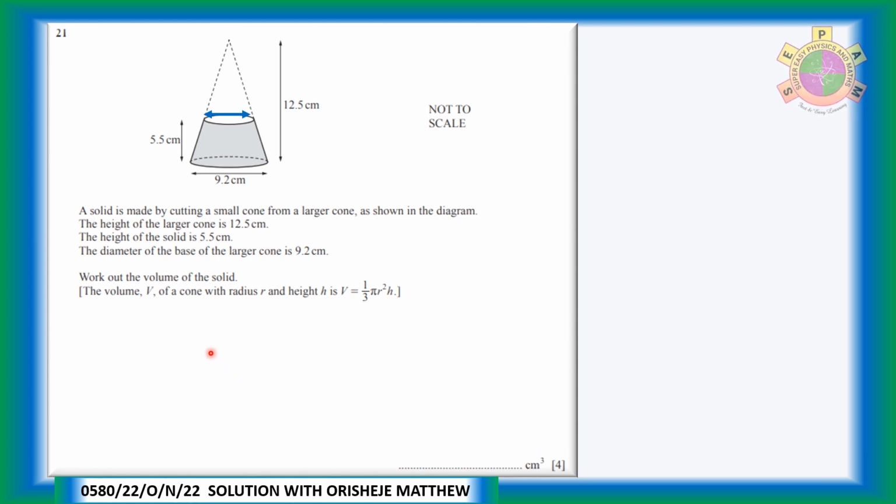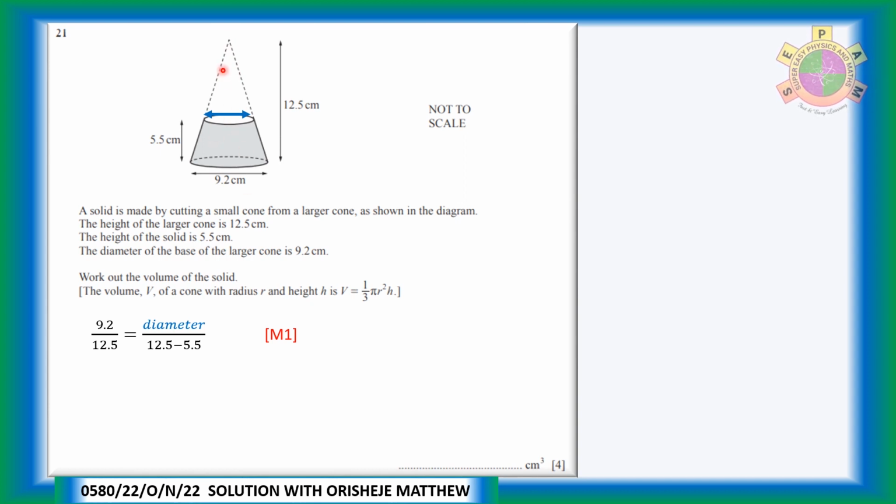Since we are dealing with capacity, volume, 3 dimensions, we say the base of the large cone, 9.2, divided by the height of the large cone is proportional to the base of the cone that is cut off over the height of the cone that is cut off.